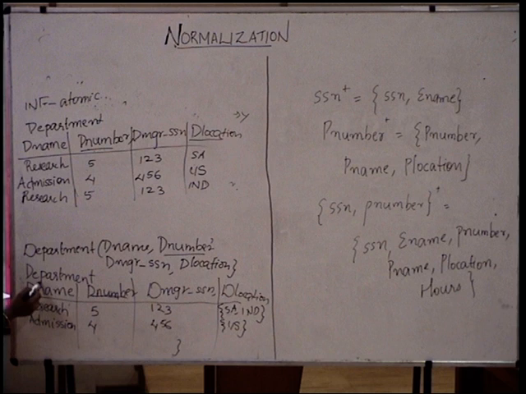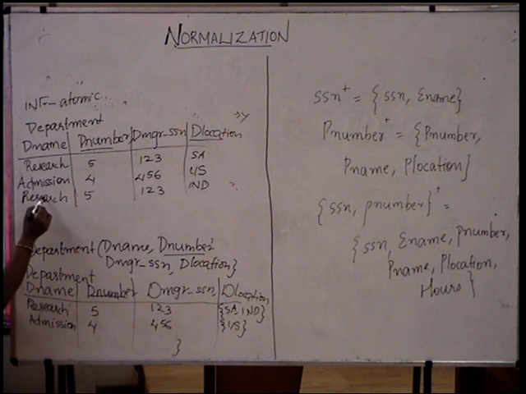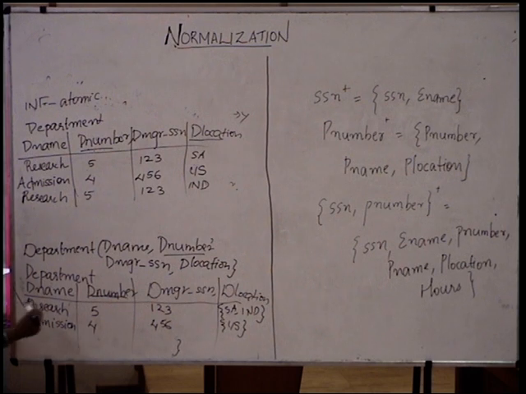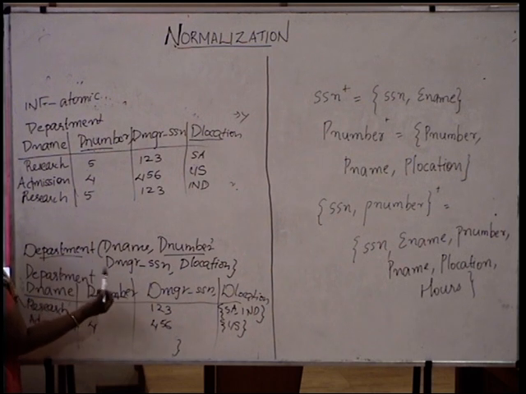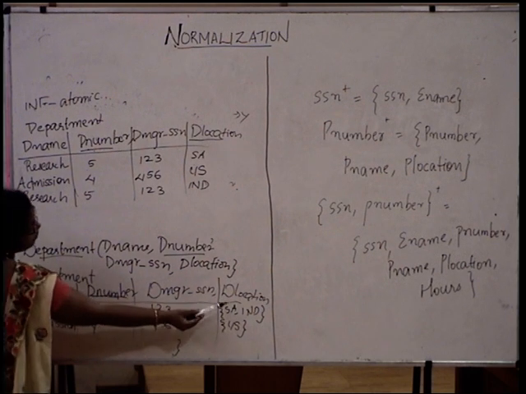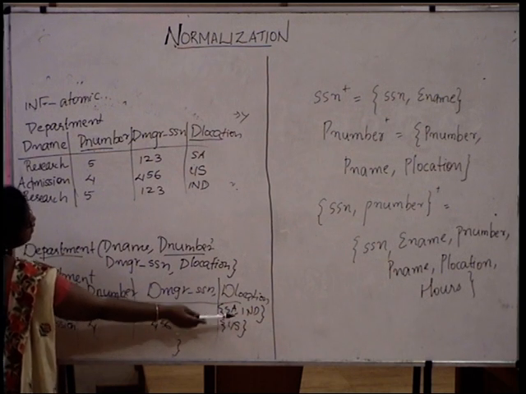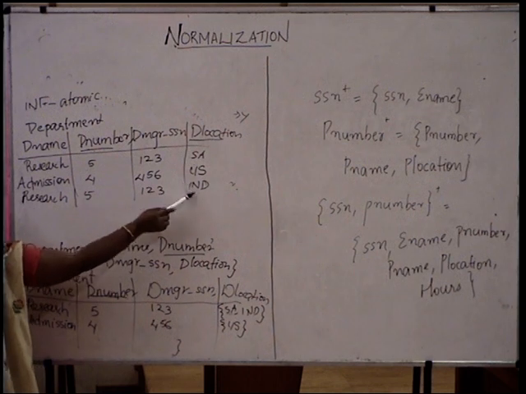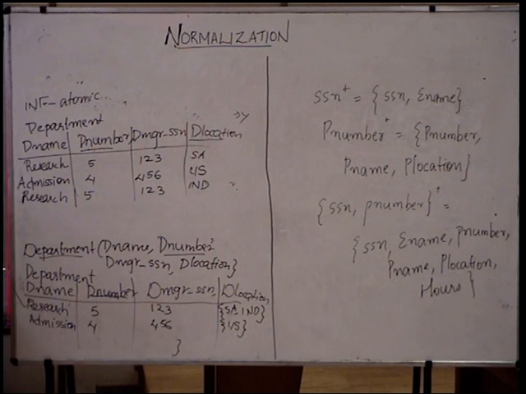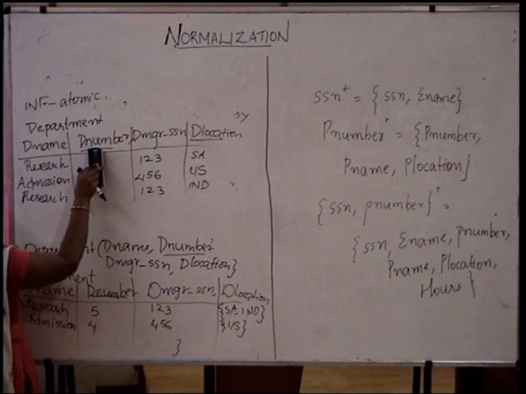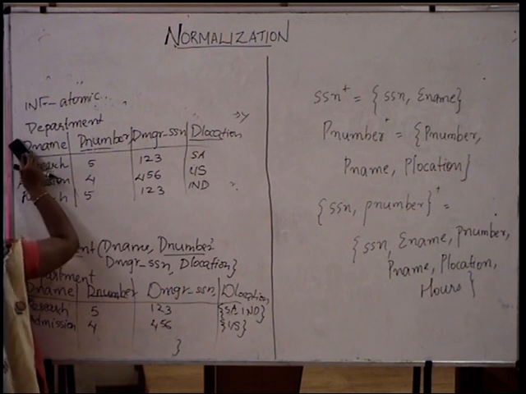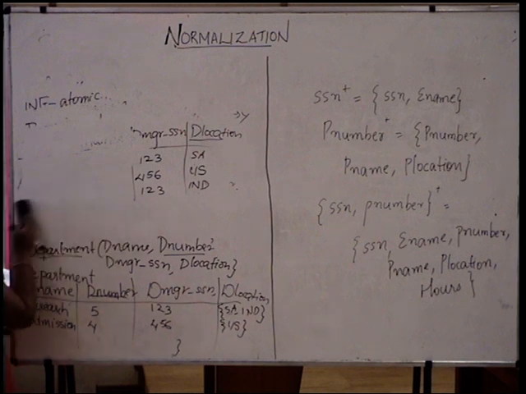So this is how we make this table into first normal form. The department table was not in first normal form because of this non-atomic attribute. So make this non-atomic attribute atomic by splitting into 2 rows and making the key a composite primary key composed of D number and D location.